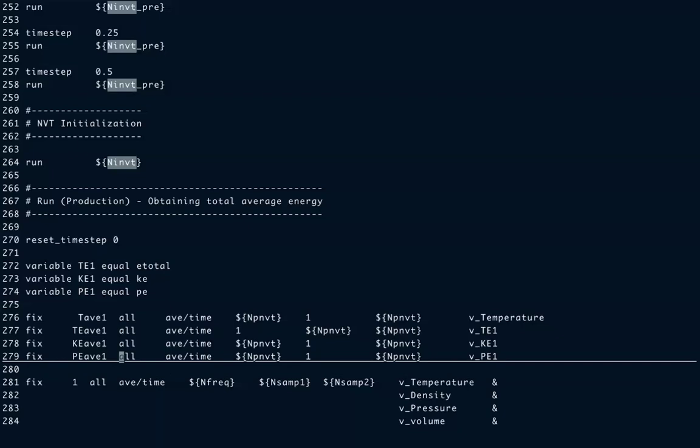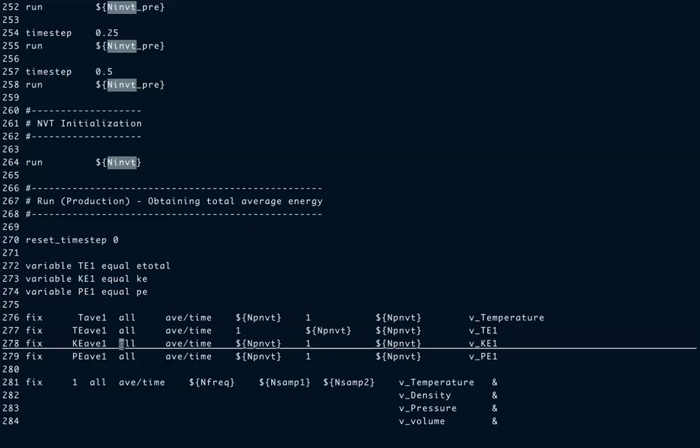Thus, it is good practice to always switch off all your thermostats and barostats before measuring your diffusion coefficients. But in order to do that, and to ensure that you are in fact at a pressure and temperature that is desired by you, you need to set the total energy such that it corresponds to a temperature. And for that reason, these quantities are first calculated.